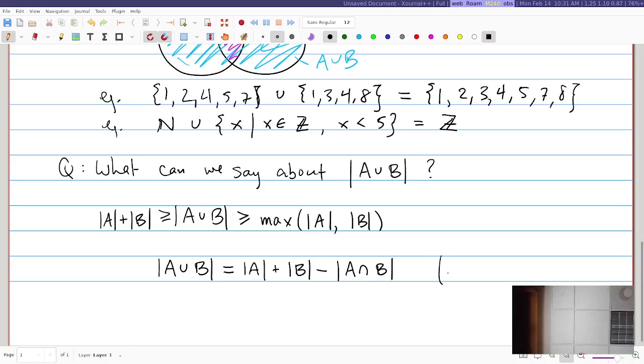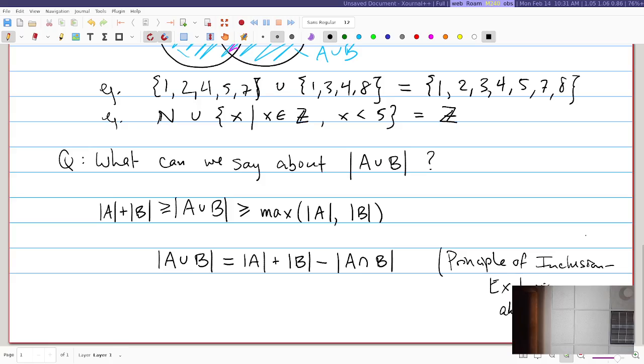So this is called the principle of inclusion-exclusion. It's an important principle, and we'll talk about it more later.